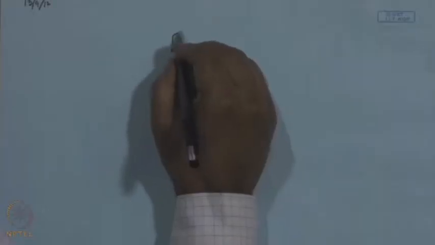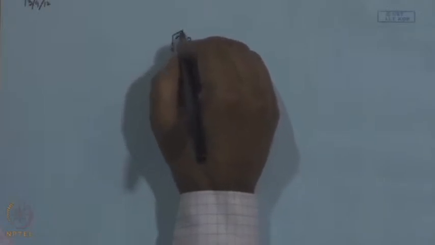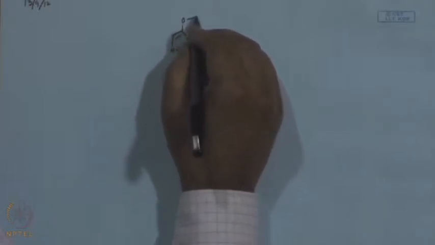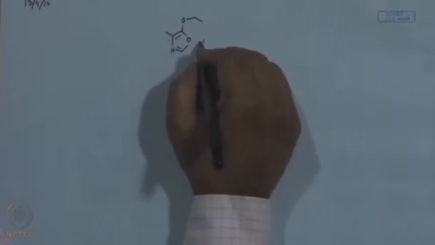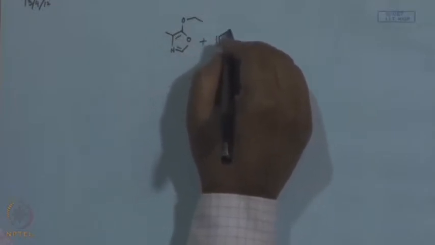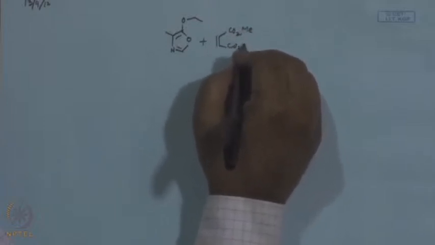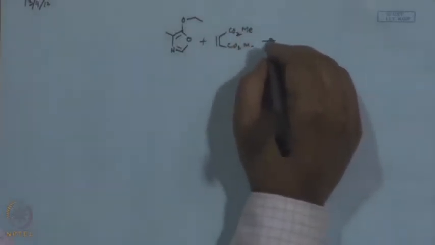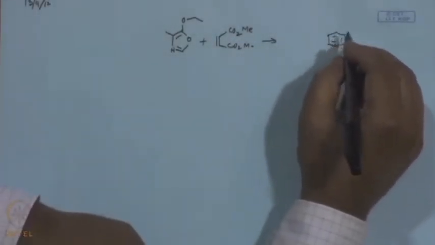The last time, if you recall, we began with an oxazole derivative, which you can consider to be a furan analog, and where the oxazole can undergo Diels-Alder type reactions or 4+2 cycloaddition reaction, and eventually it gives a pyridine nucleus.